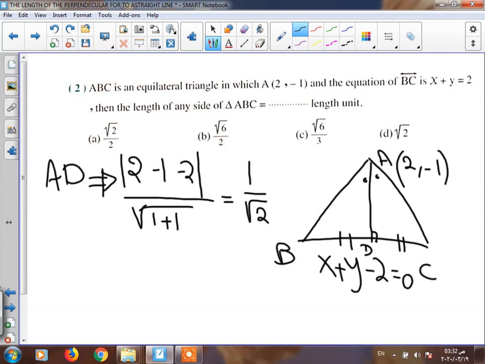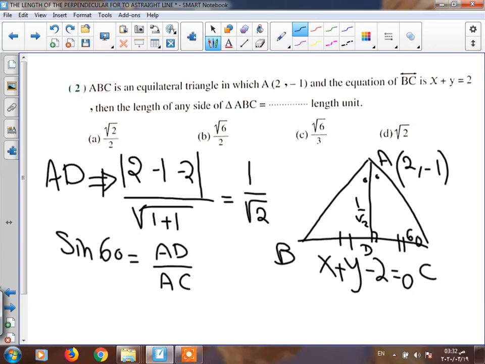Now we can say that sine 60, each angle is 60, right? So sine 60 equals AD over AC, opposite over hypotenuse.